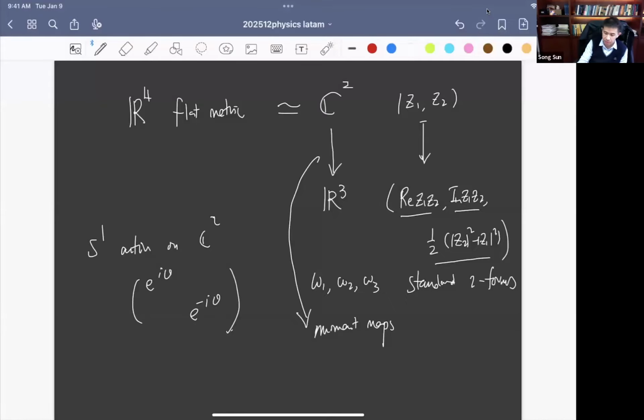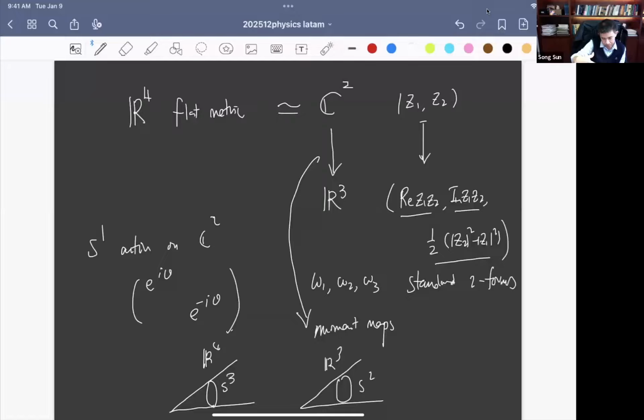And geometrically, you view R3 as a cone over S2, and your R4 as a cone over S3.